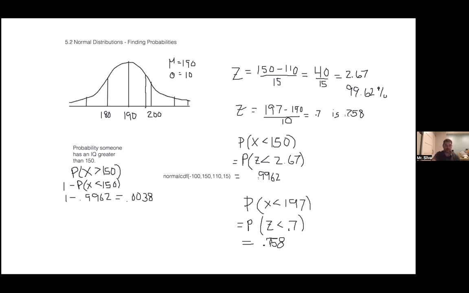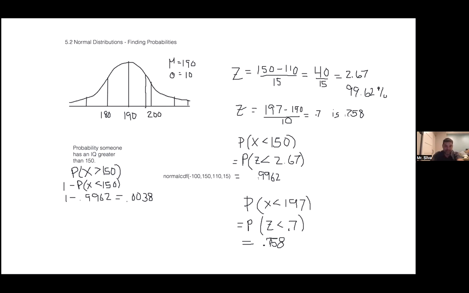All right, that's the area to the right. Here's again the best thing about using a calculator: I can find right tail areas just as easily. Normal CDF. Now I'm going to use 150 as the lower bound, and I'm going to use a really big number as the upper bound. I'm not going to use 100, because if the mean is 110, this would say find the probability somebody has an IQ greater than 150 but less than 100.